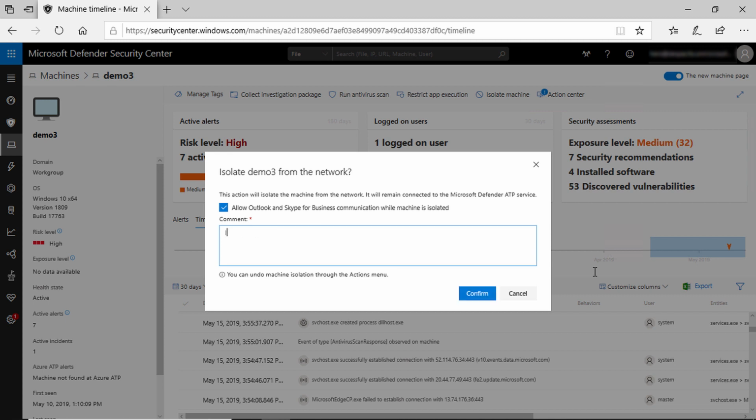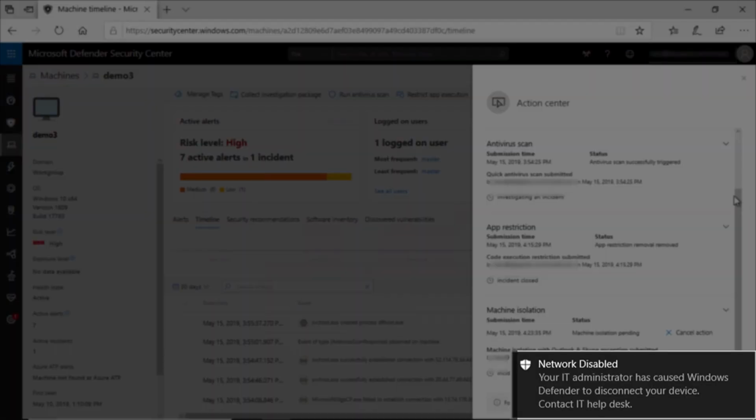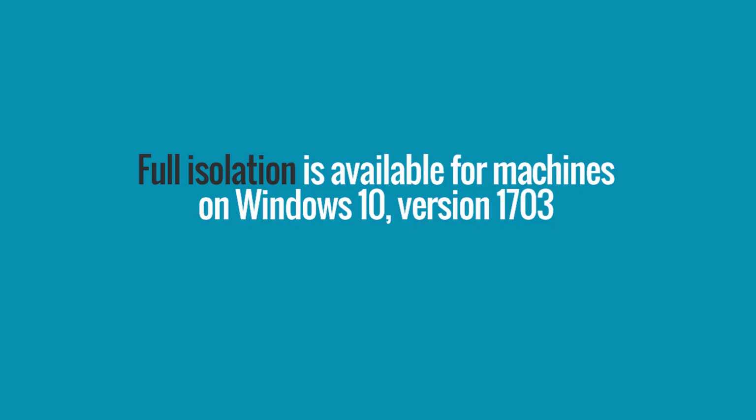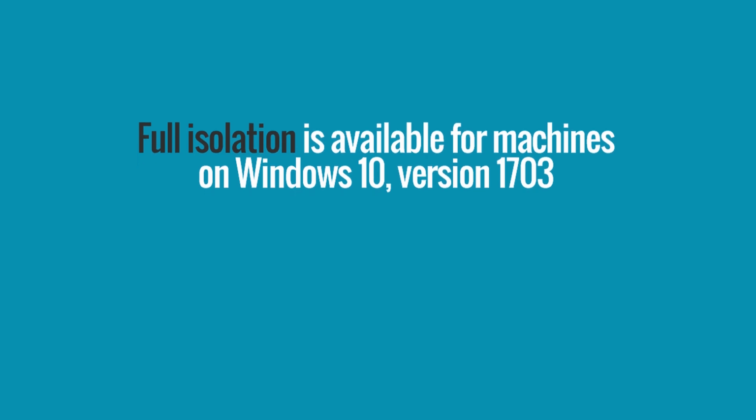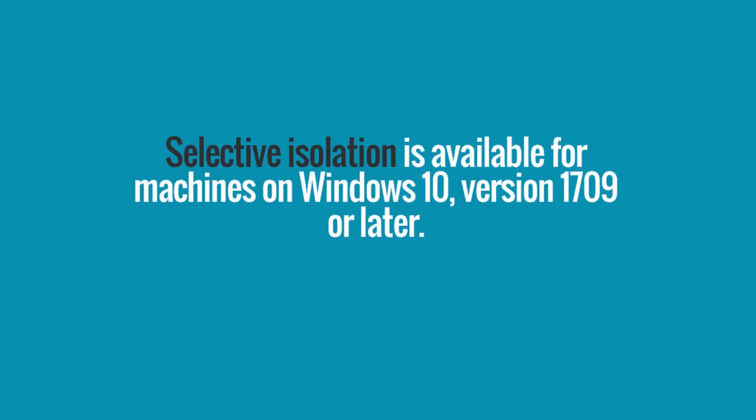Now, if I choose to isolate the machine, the end user of the machine will receive a notification card stating that the network is disabled and that your IT administrator has caused Windows Defender to disconnect your device and you should contact IT help desk. Now, just a reminder, the full isolation works for Windows 10 version 1703 or later, while the selective isolation is available on Windows 10 version 1709 or later.